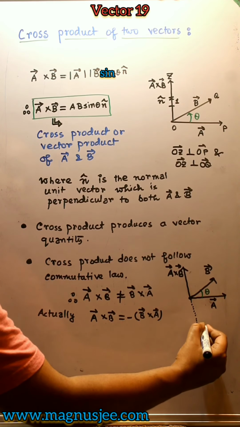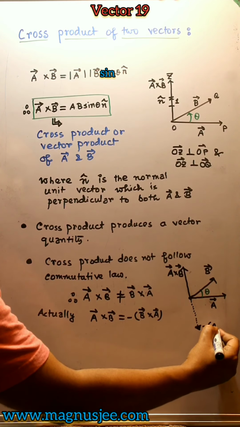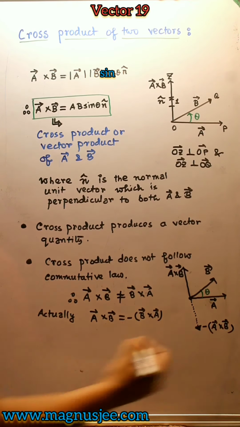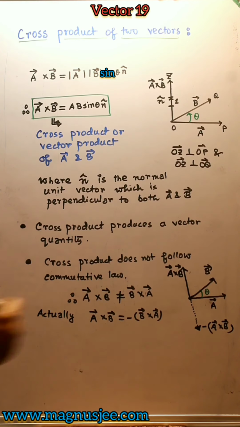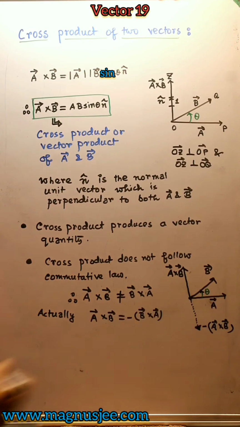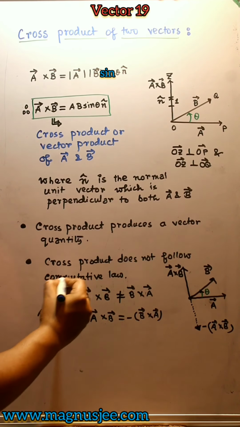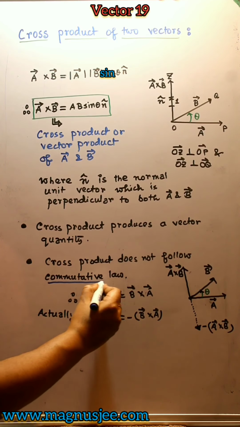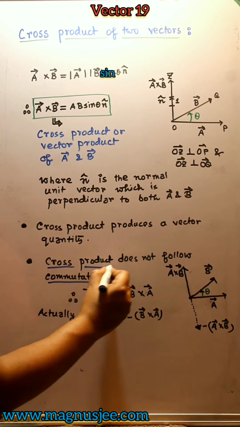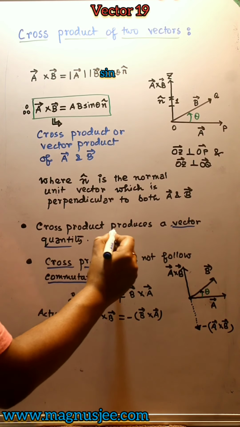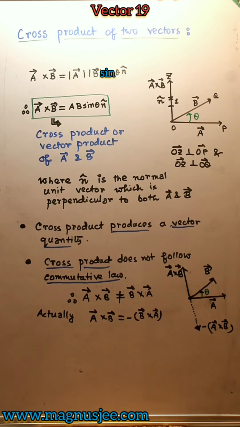But vector B cross vector A will be acting in vertically downward direction. This is actually minus vector A cross vector B, or B cross A, in downward direction.